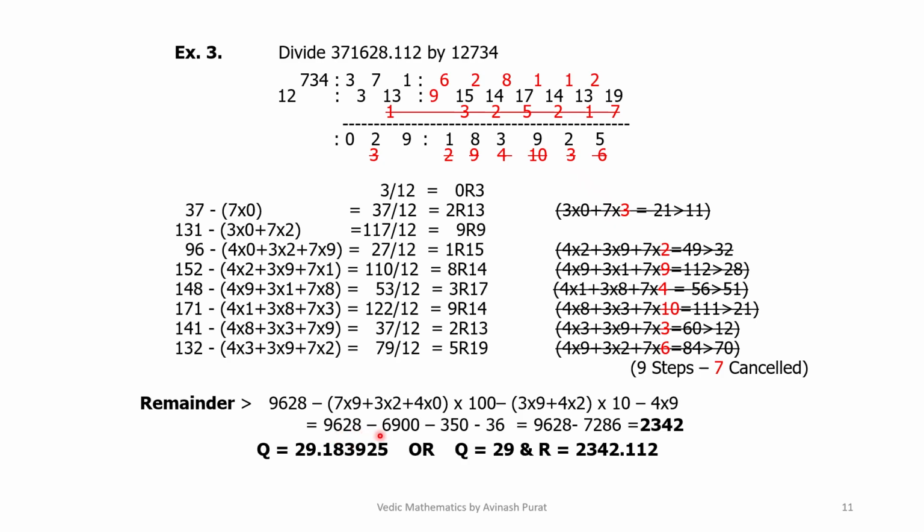So 9628 minus 6900 minus 350 minus 36 becomes 9628 minus 7286, that is 2342. So the quotient is 29.183925, and so the quotient is 29 and the remainder is 2342.112. 0.112 is there in the exam.